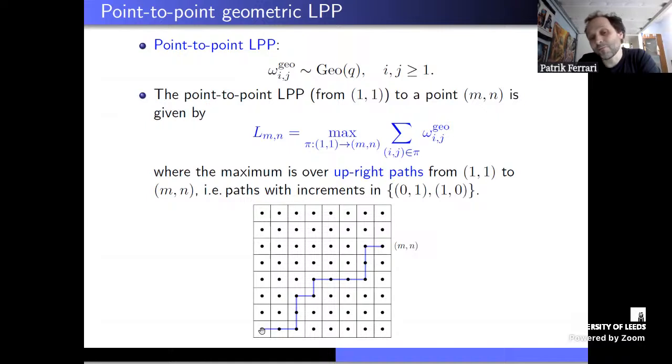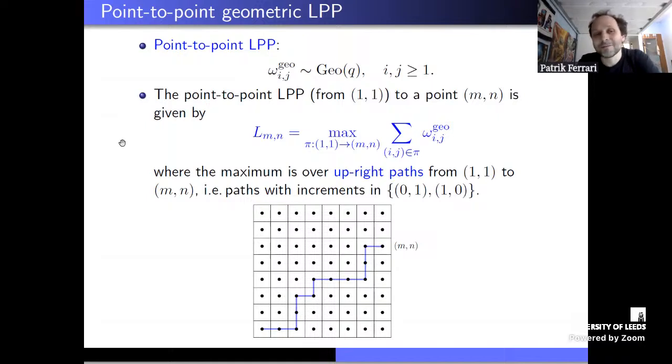What you do, you look at all possible paths which are up and right that connect (1,1) to (m,n), and you sum the random variables that you see along the path. Then you maximize over all possible paths. This is the so-called last passage percolation.